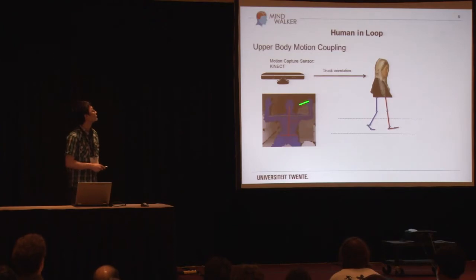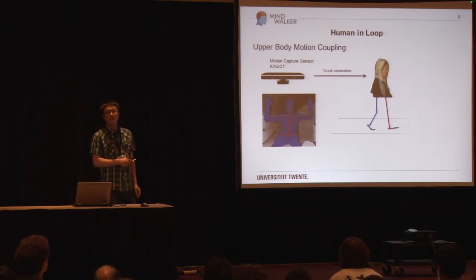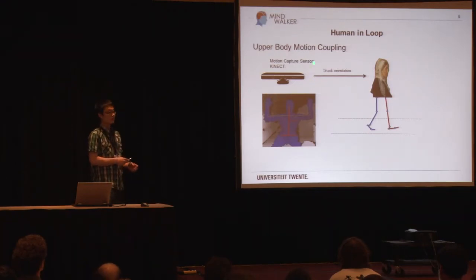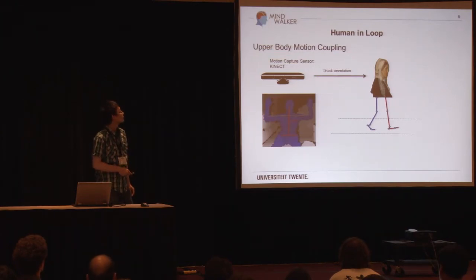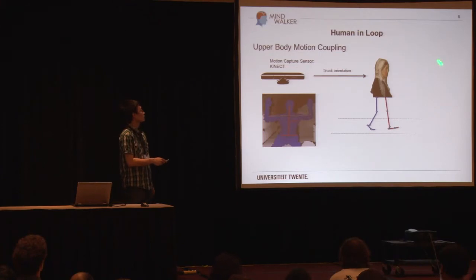For such a model-based method, a very important thing is the accuracy of the model. To test the robustness of our method, we introduce the human in the loop. The robot is no longer in charge of its trunk.